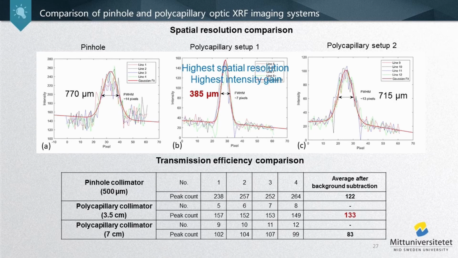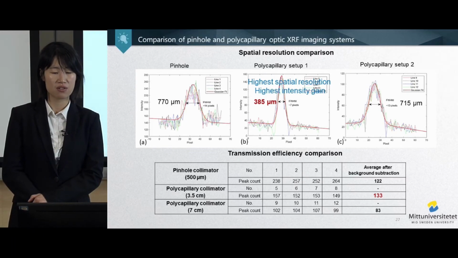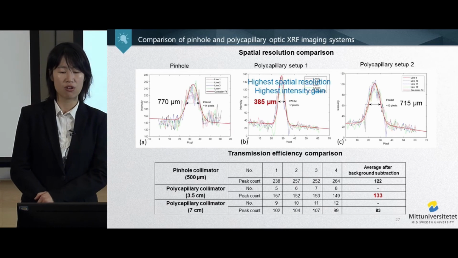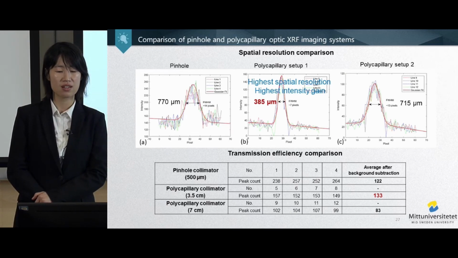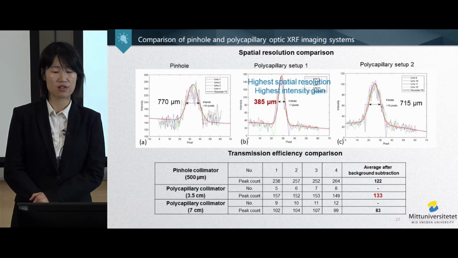When using the X-ray collimation optics, only a portion of the X-ray photons will pass through the X-ray optics and reach the detector. Therefore, the transmission efficiency is another important factor when considering the measurement time. To extract the measured intensity, the peak count values are listed in the table below. It should be noticed that the background noise is subtracted from the average peak value.